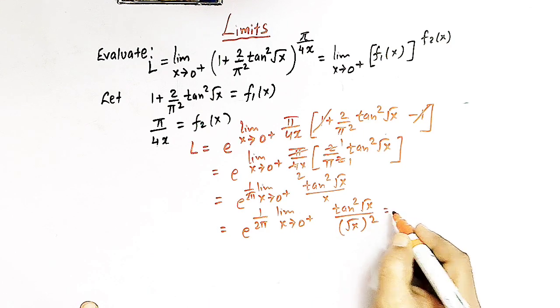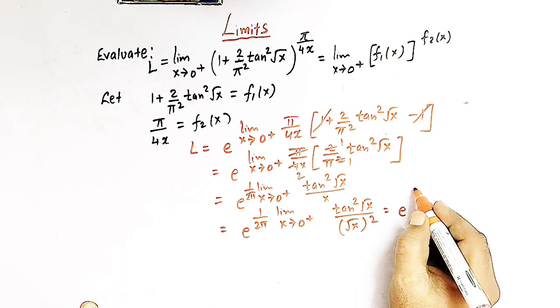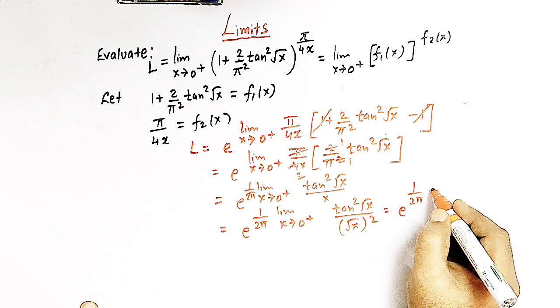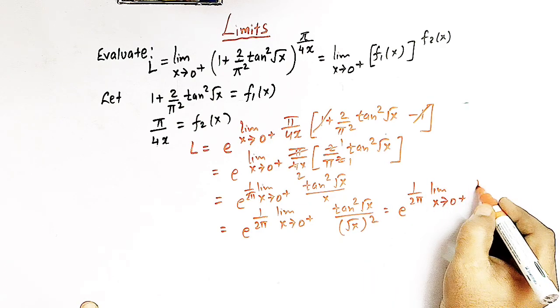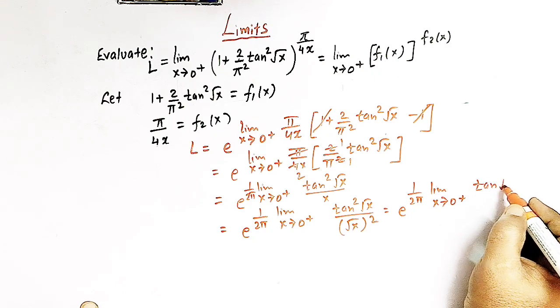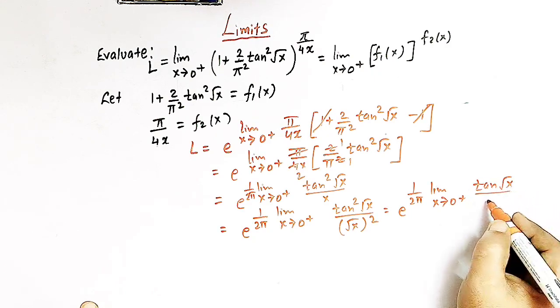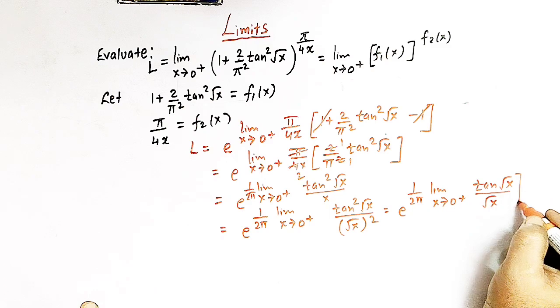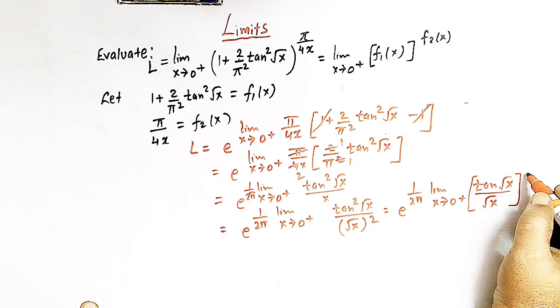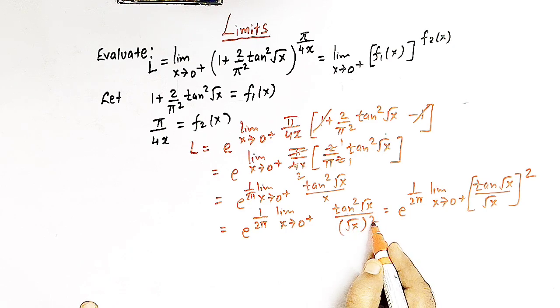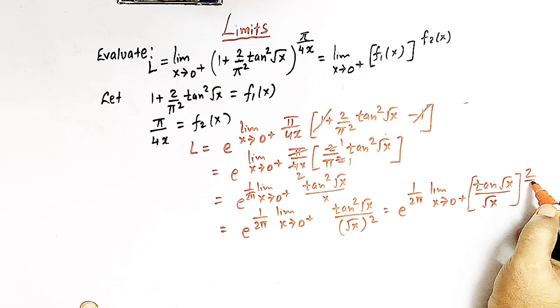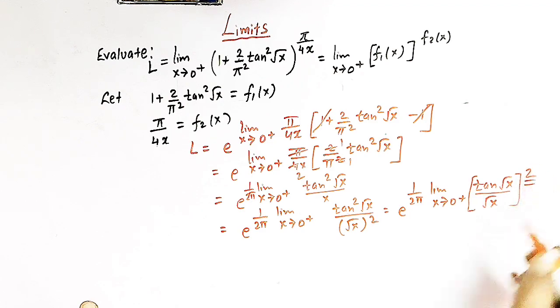So now we can write e raised to 1 over 2 pi limit x tends to 0, and here we can write tan root x divided by root x, and we can take the whole square. Combining these two terms, we can take the whole square.